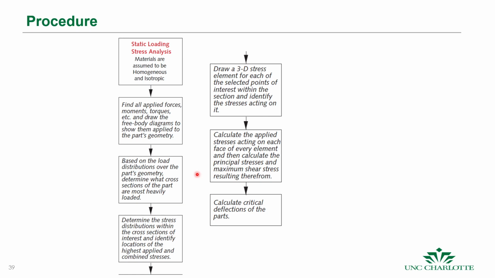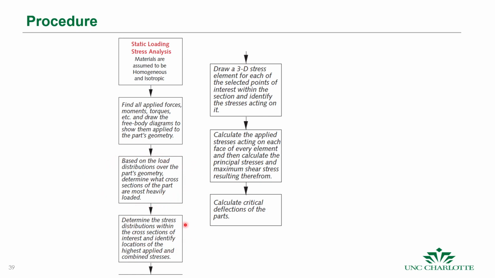And then we do what we always do: we draw free body diagrams, we find our applied forces, moments, torques, etc. And then we find the distributed loads on the part's geometry and determine which parts of that design are the most heavily loaded.